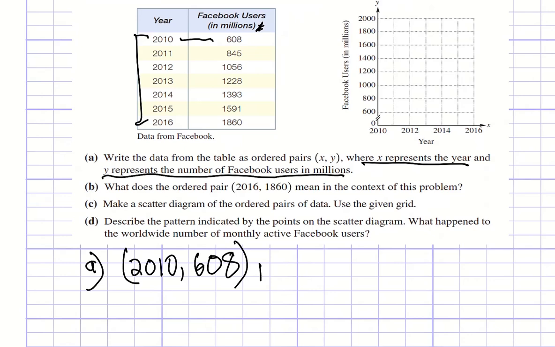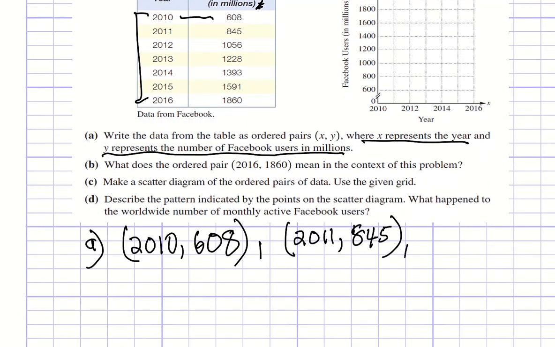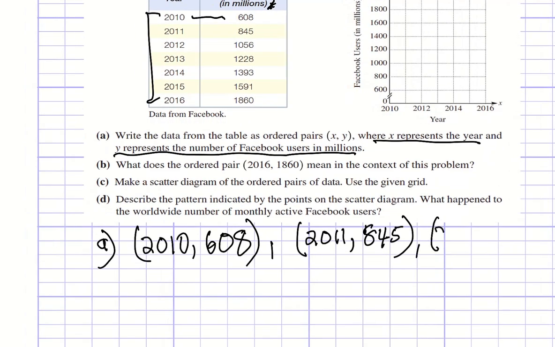So what they want is this. 2011, the users is 845 million, and then 2012, the users is 1056 million.